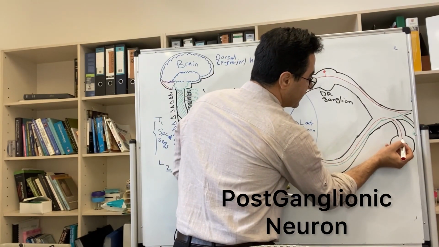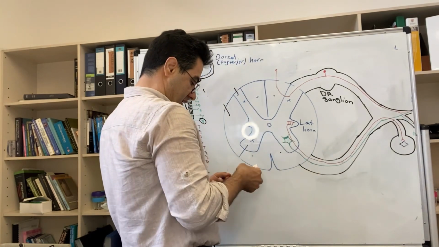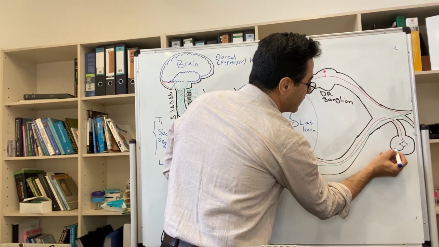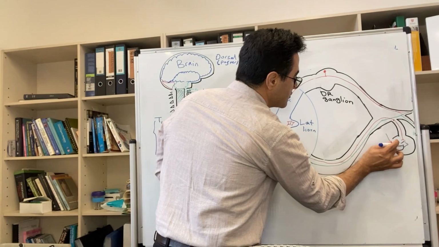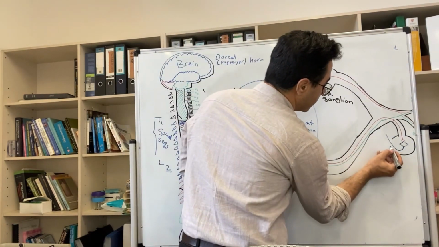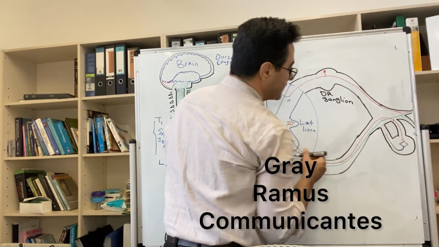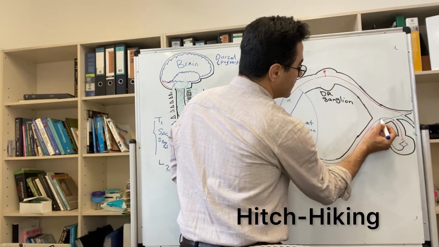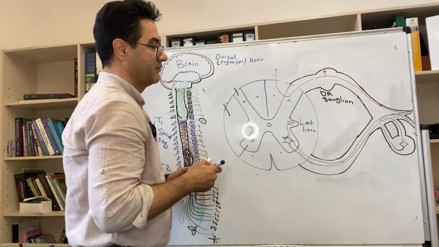So the preganglionic axon synapses onto the postganglionic neuron, and then the axon of the postganglionic neuron comes out of the ganglion and passes through this gray communicantis to communicate with the spinal nerve, and then hitchhikes onto the spinal nerve and passes through the rami.